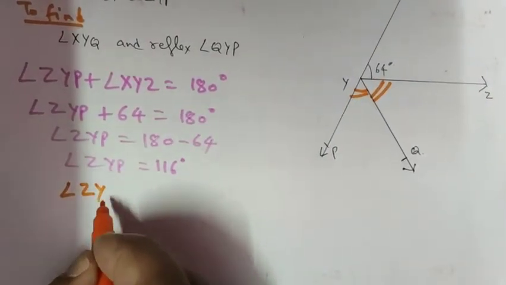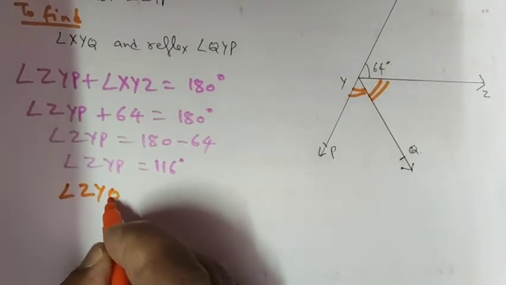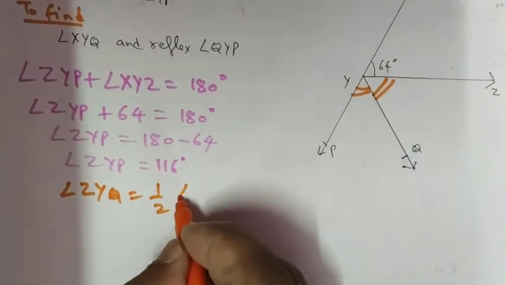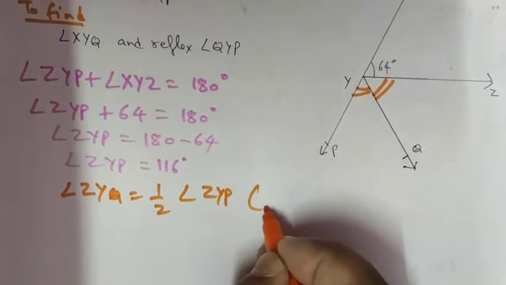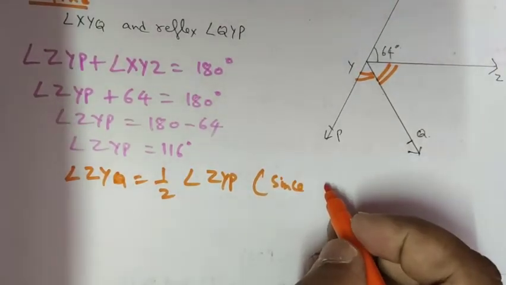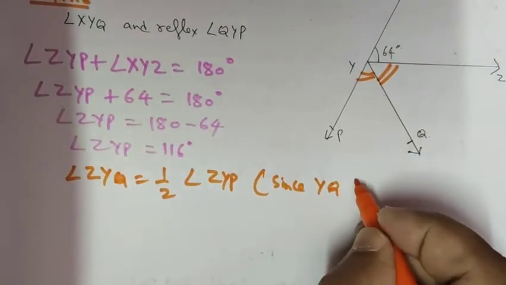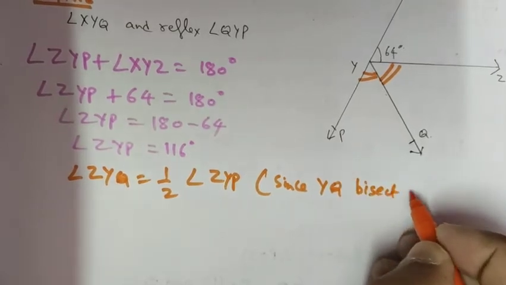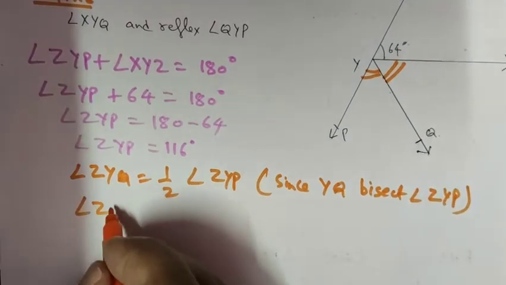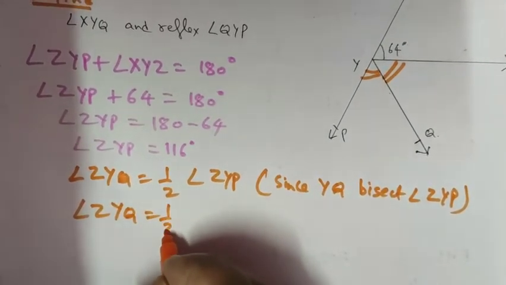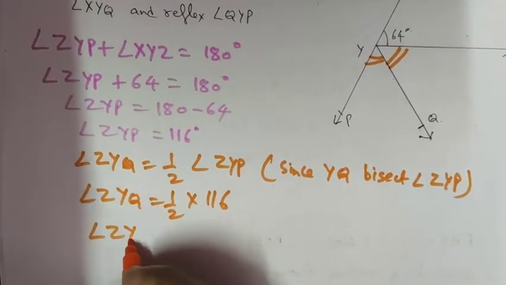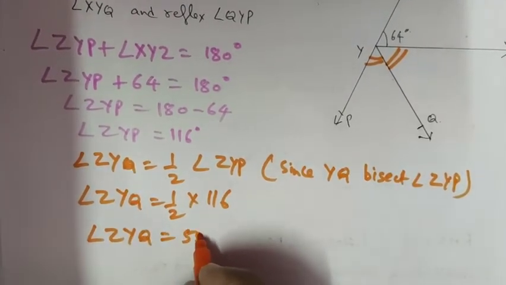Angle ZYQ, this angle will be half of angle ZYP, since it is given that YQ bisects angle ZYP. So we can say that angle ZYQ is equal to 1 by 2 of 116. That is equal to 58 degrees.